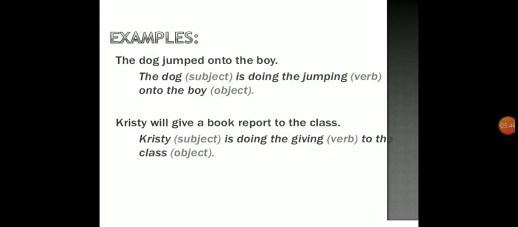Here the dog is the subject, jumped is the verb, onto the boy is an object. Christy will give a book report to the class. Christy is the subject. Will give a book report is the verb. To the class is an object.